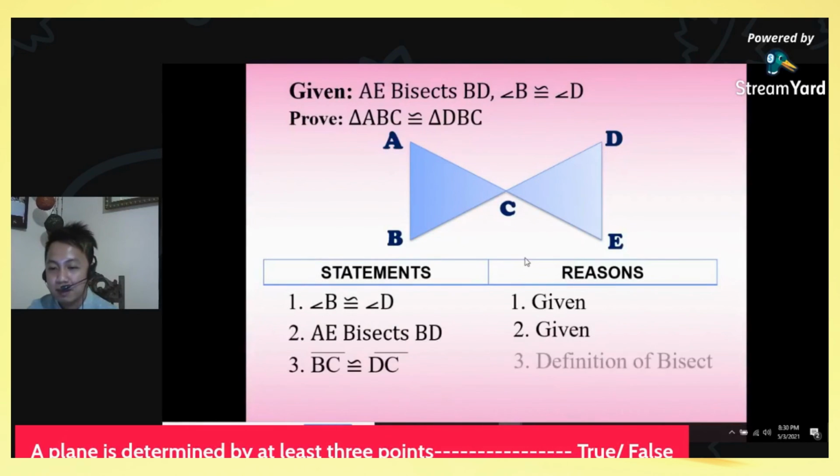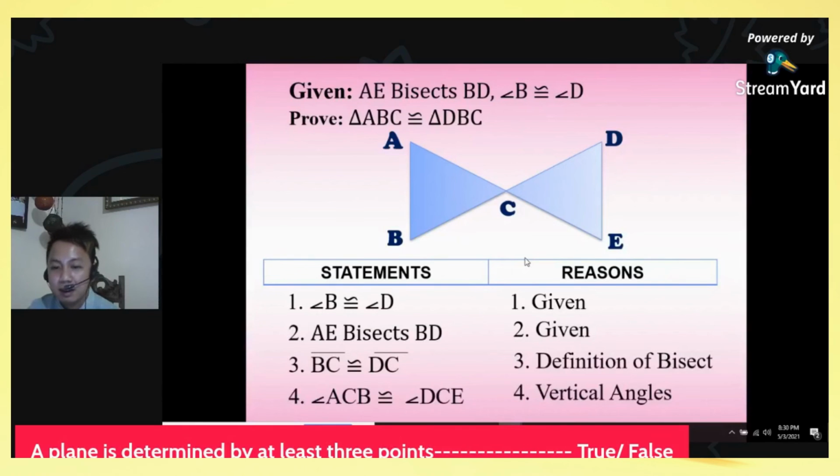Another proving. So first statement, angle B is congruent to angle D, given. Line segment AE bisects BD, that is given. Number 3, BC is congruent to DC, definition of bisect.